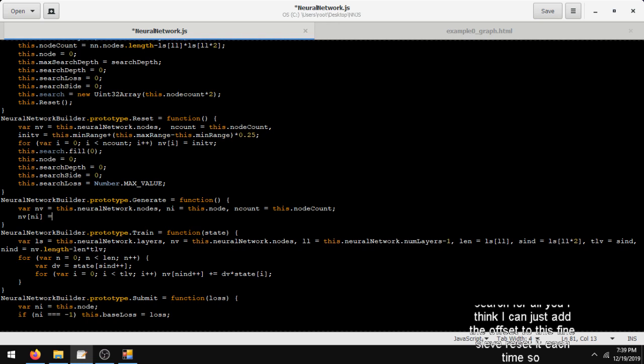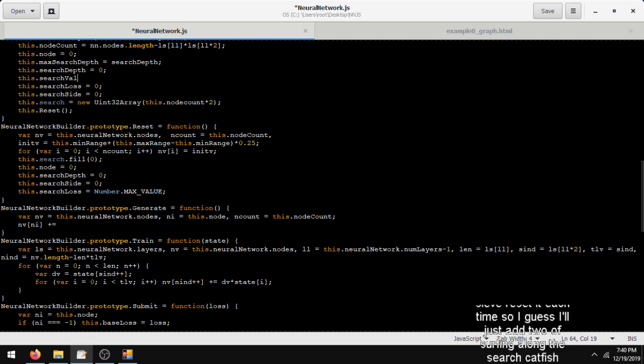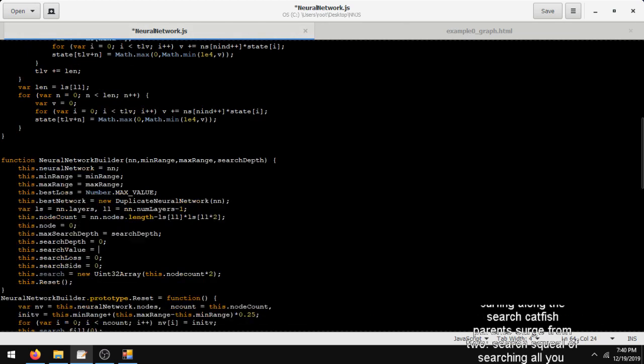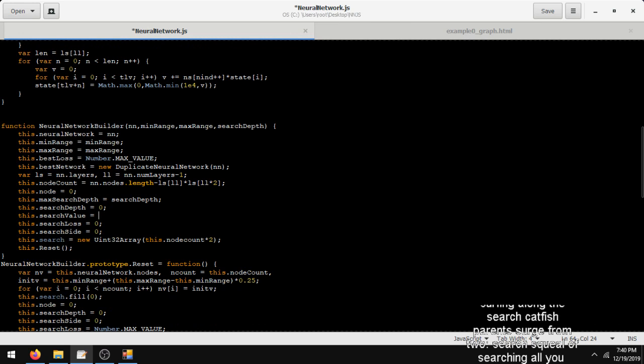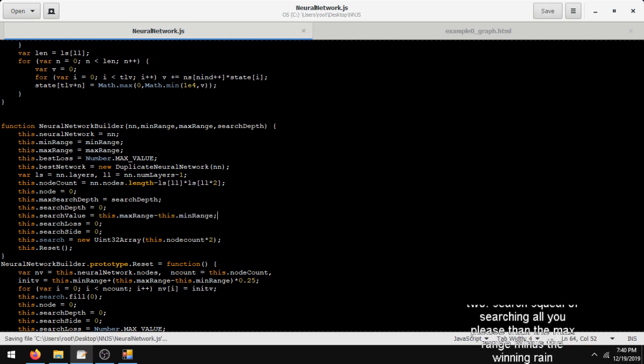So I guess I'll just add to it. So I think along with the search depth, I should have search, I don't know what to call it, search scale, search value. Basically the max range minus the min range.